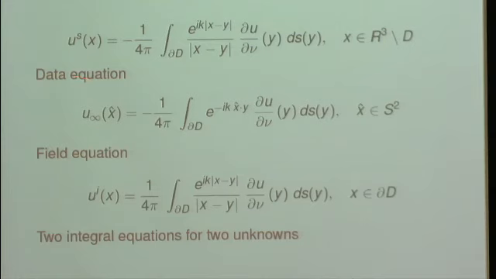And since this is our data, I call this equation the data equation, and we have two unknowns in this equation. Namely, we don't know the normal derivative of the total field on the boundary, and we don't know the boundary itself. We can also evaluate this on the boundary. On the boundary, u^s is minus u^i.